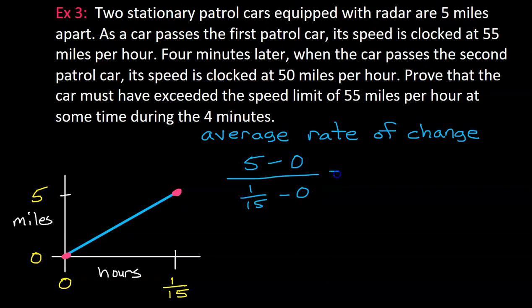So of course that means it's going to be 5 over 1/15, and we multiply by the reciprocal, so that's going to be 5 times 15, which equals 75 miles per hour.